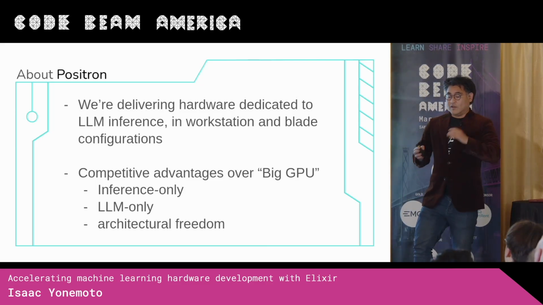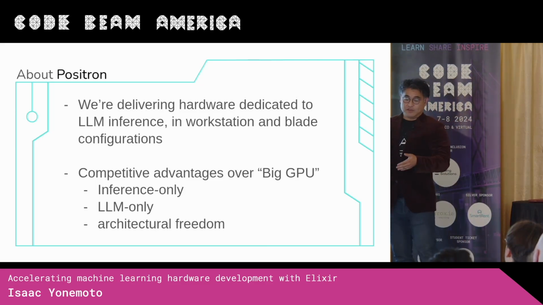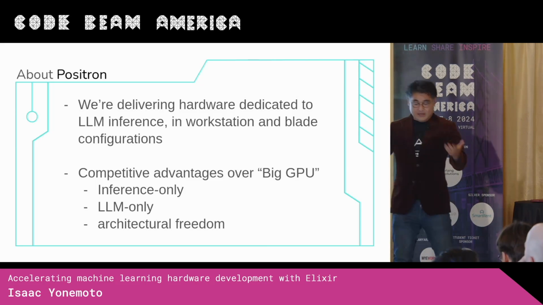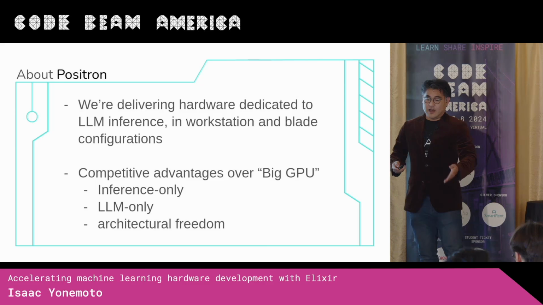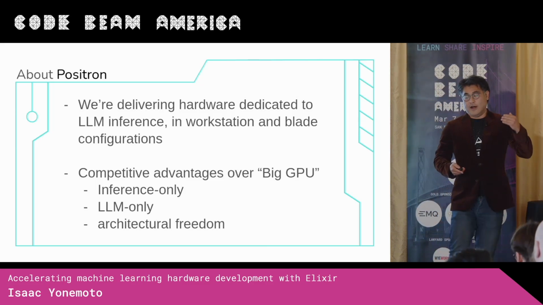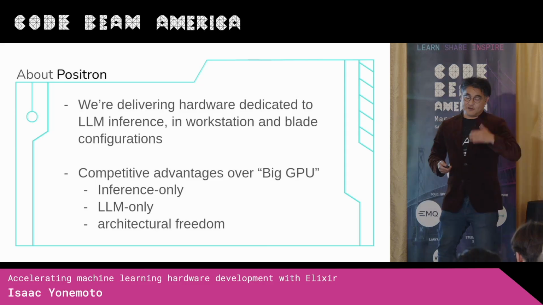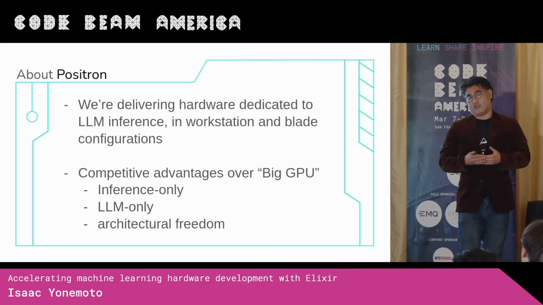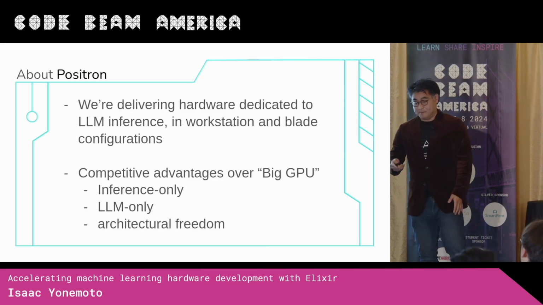And what's interesting is for LLMs, when you have inference, memory bandwidth is the bottleneck. And so because big GPU has these competing interests, they are not necessarily building the most efficient processors for running LLMs. So because Positron is focusing just on LLMs and just on inference, there's a lot of architectural freedom to rethink the way things are done in computer chip hardware design.